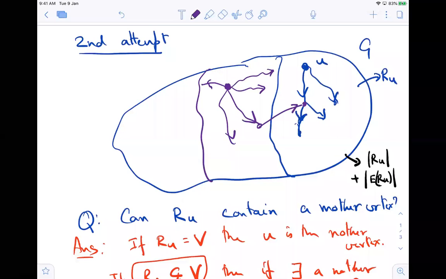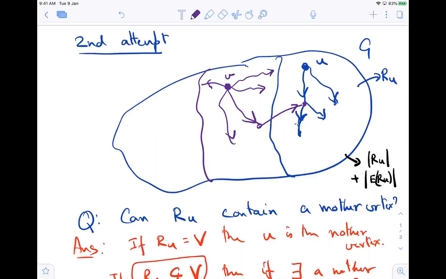But now we may not reach U from the mother vertex of this. No, you might not. Whether this is a mother vertex or not, I don't know. I'm not saying any of those things. I'm eliminating things. Now, V is not a mother vertex, right?